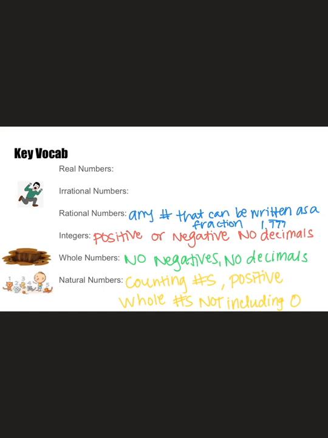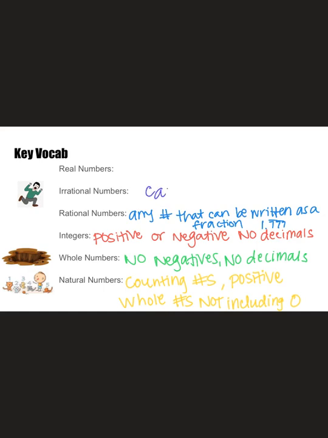Moving on to irrational numbers now, we can think of those as an irrational person. If someone is telling you that you are being irrational, it's they can't predict what you're going to do next. So there's no pattern and no predictability. So these numbers cannot be written as fractions, and they're decimals that are going to go on forever and ever.